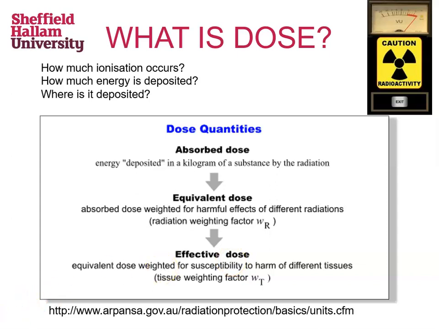And the effective dose relates to how each individual tissue responds to that radiation and how much damage is caused. Some tissues are particularly sensitive, and some are relatively resistant to DNA damage. So, for example, the gonads and rapidly proliferating epithelium of the gastrointestinal tract are very sensitive, whereas skin and bone are pretty resistant.